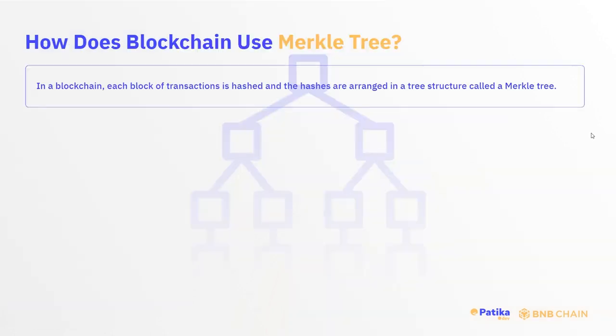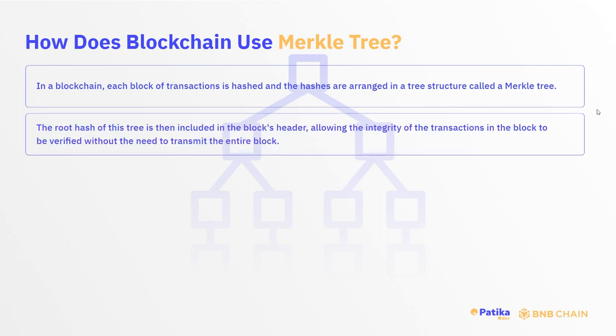In a blockchain, each block of transactions is hashed, and the hashes are arranged in a tree structure called a Merkle tree. The root hash of this tree is then included in the block's header, allowing the integrity of the transactions in the block to be verified without the need to transmit the entire block, which is very important. We don't want to transmit the entire block.